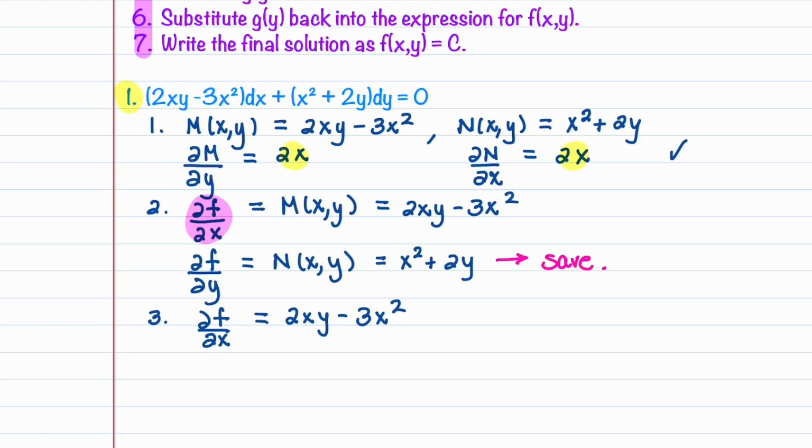We want to get f by itself, so we are going to integrate each side of the equation with respect to x. We have the integral of the partial derivative of f with respect to x times dx, and then we integrate our right-hand side with respect to x. So we have 2xy minus 3x squared dx.